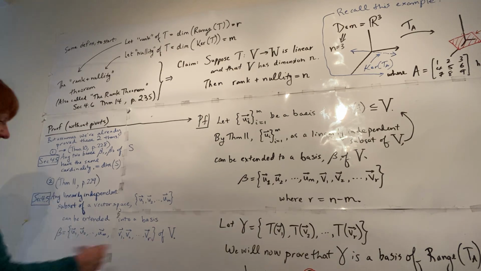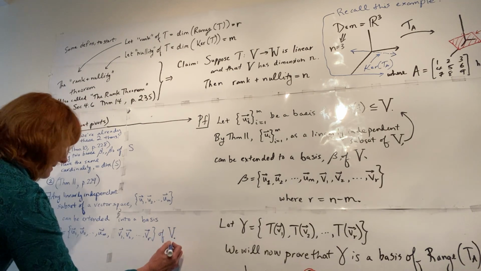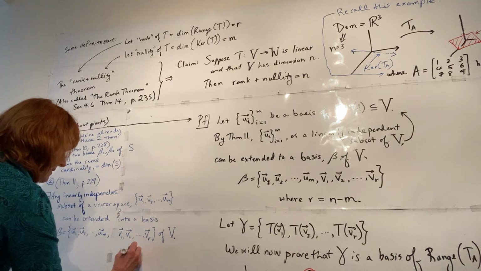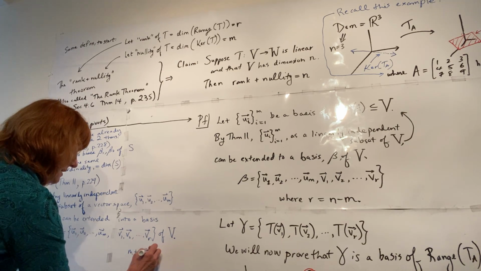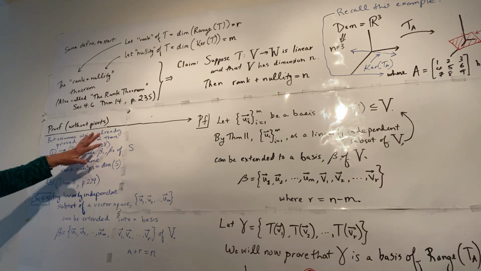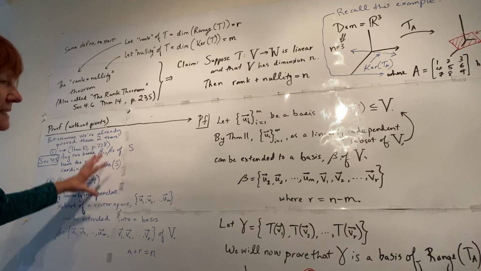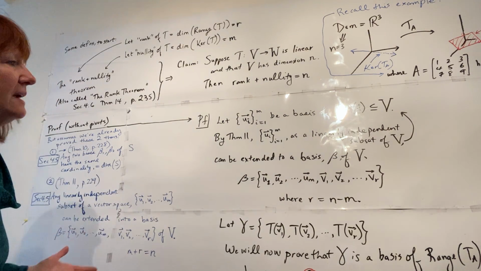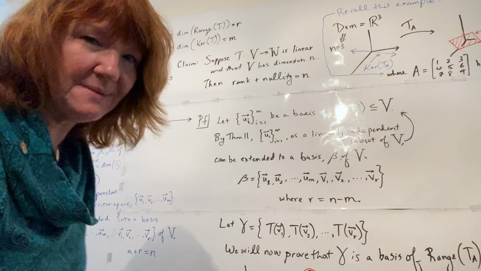So if V has dimension n, then m plus r will have to be equal to n by the previous theorem, right? Okay, so we're going to go back and prove those, but for right now we're going to use them to motivate why you would want to prove them in the first place.